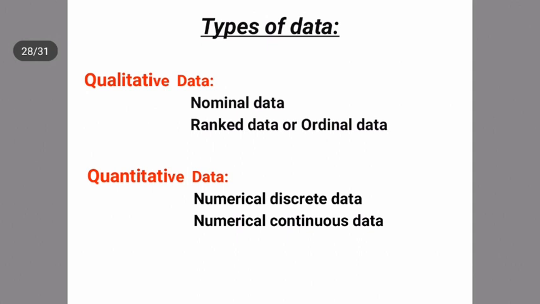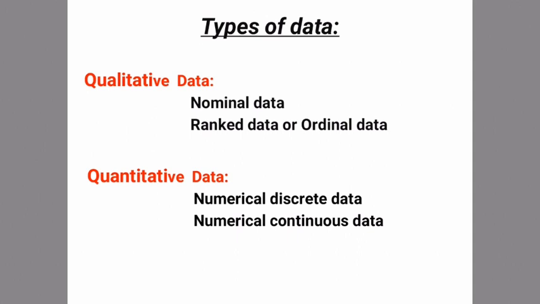So now we can conclude that the types of data in medical statistics are usually defined as either qualitative data or quantitative data. Qualitative data involves nominal data and ordinal data. Nominal data is categorical data with two or more categories.